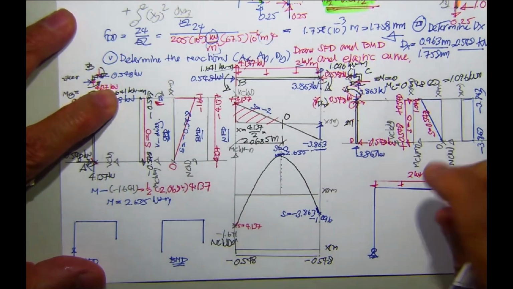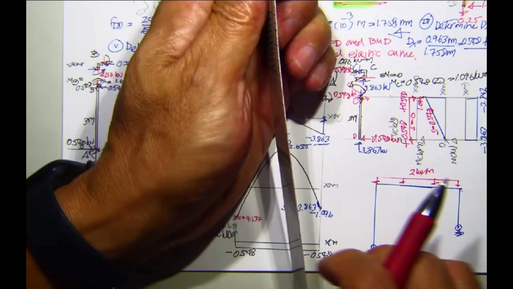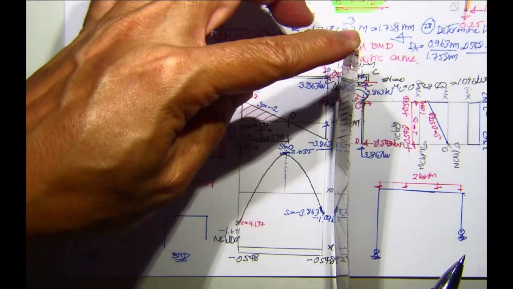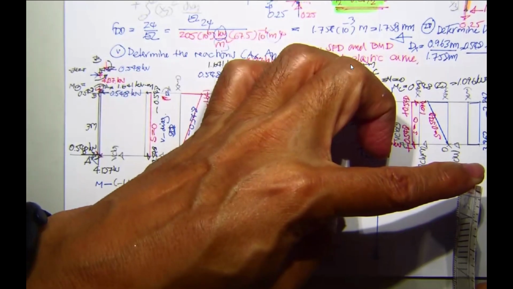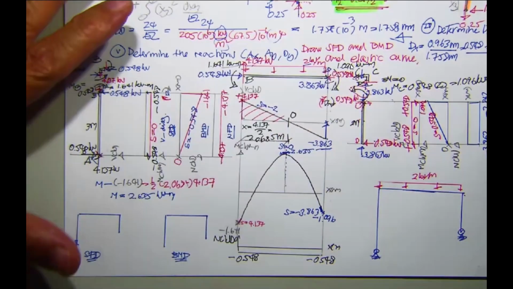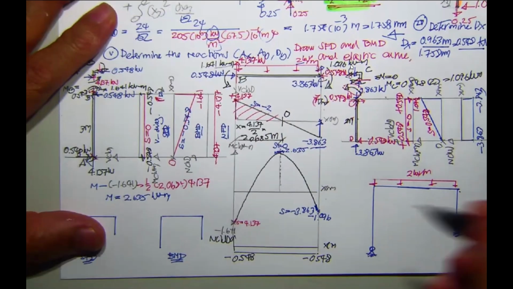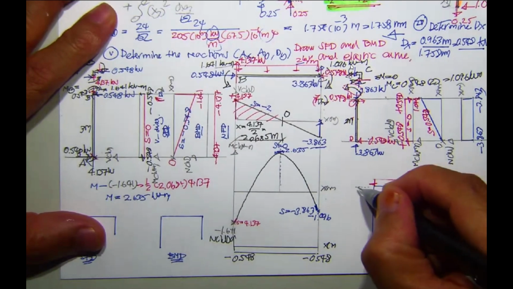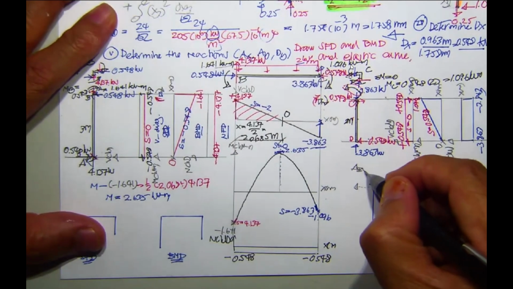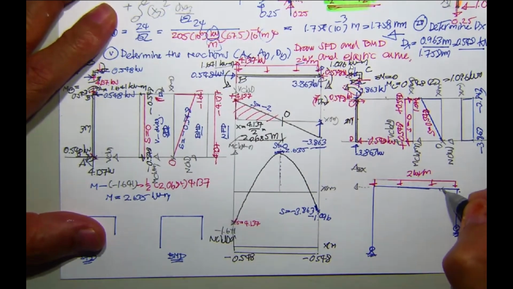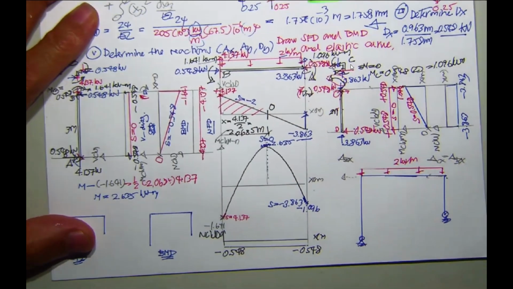Since the column here is long, a long column when subjected to the force is going to be weaker than the shorter column. This is going to be the direction of the sway. This is delta sub dx and F. This is delta sub cx, and delta sub cx equals delta sub dx.